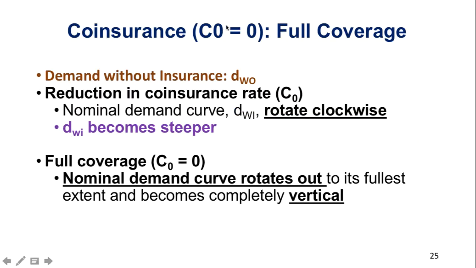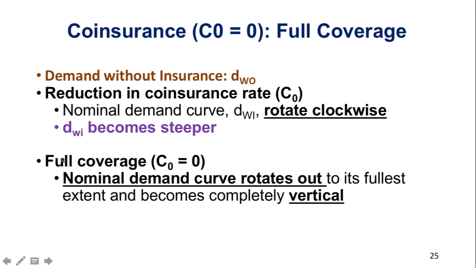So when the coinsurance is zero, it means that there is full coverage. In that case, compared to the demand without insurance, there is a reduction in the coinsurance rate to zero coinsurance. The nominal demand curve rotates clockwise and becomes steeper.